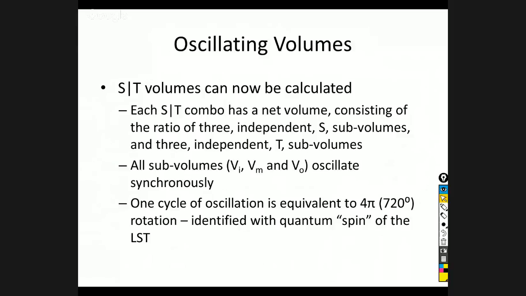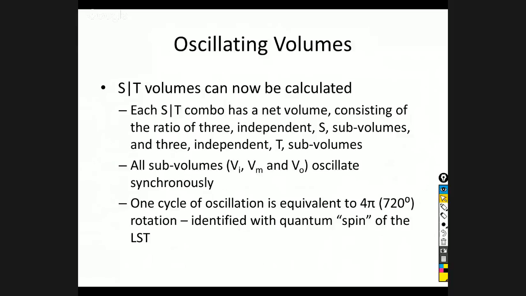It consists of the ratio of 3 independent S subvolumes, and on the T side, 3 independent T subvolumes. It's a little bizarre, a little different, but we're going down that road.